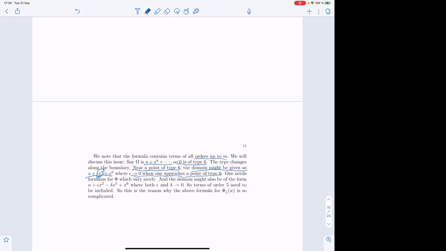So in a neighborhood, the x to the 6 is in some sense a very important term for the geometry, but epsilon x squared is what determines the type. So you need formulas where phi varies nicely, and you can have worse stuff happening because the domain could easily, in addition, throw in intermediary terms like x to the fifth or whatever, where epsilon delta goes to 0 when you approach the point of type 6.